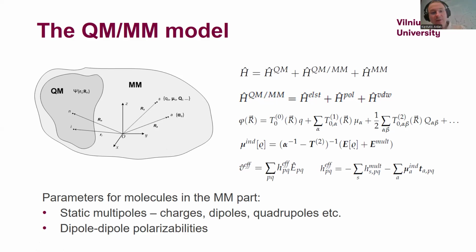Okay, so let's continue here. So this is what we have been talking about: the theoretical scheme of the QM/MM model. But we want to arrive at a practical scheme so that we can actually utilize this model in a computer, in a quantum chemical problem.